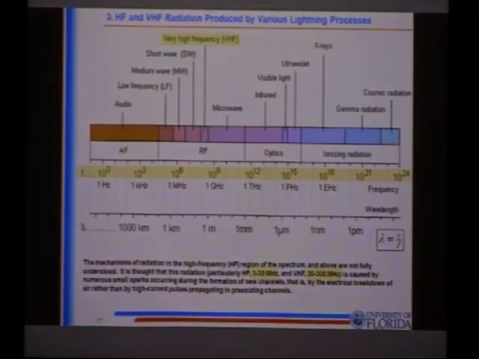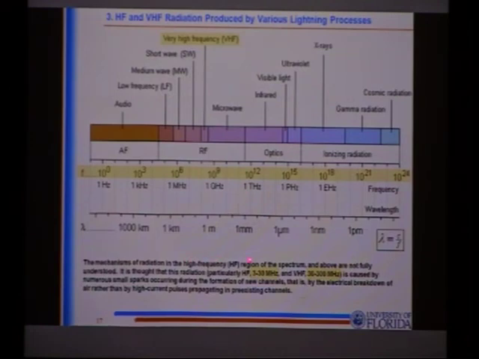Moving along this electromagnetic spectrum to the right, now I'm going to talk about the very high frequency radiation. These are the ranges from 3 to 30 megahertz, high frequency, 30 to 300 megahertz, very high frequency.